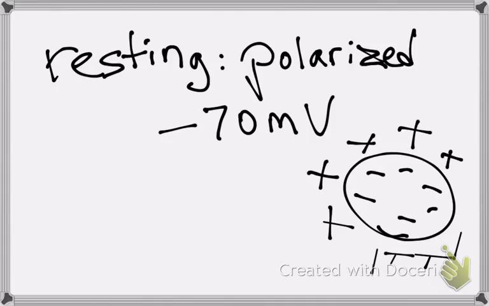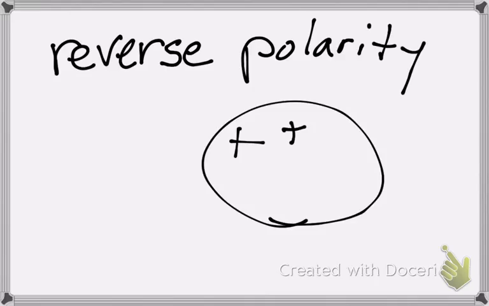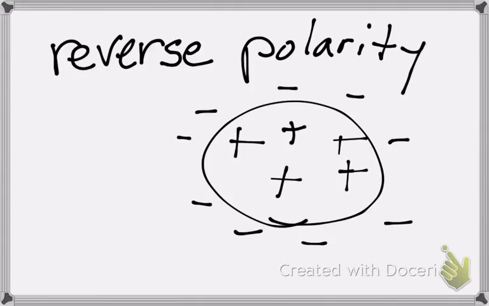If I make it more polarized, that's hyperpolarized. If I make it less polarized, that's depolarized. What would it look like if I reversed the polarity? Exactly. Positive on the inside, negative on the outside. How would I graph that?